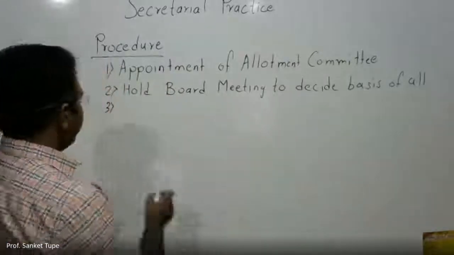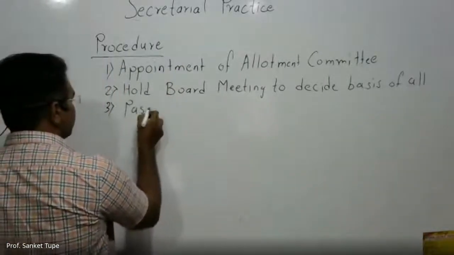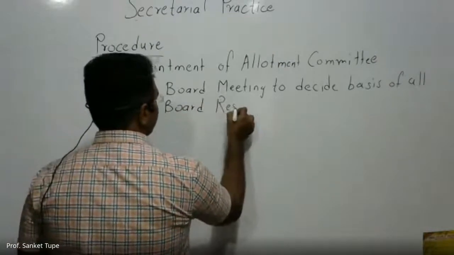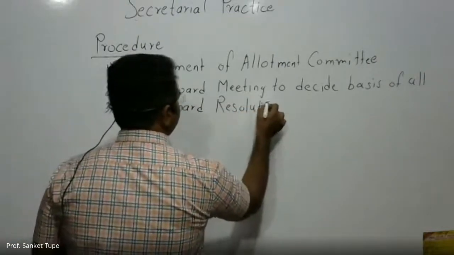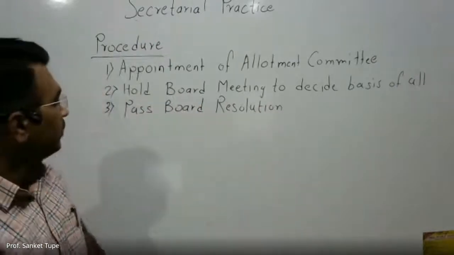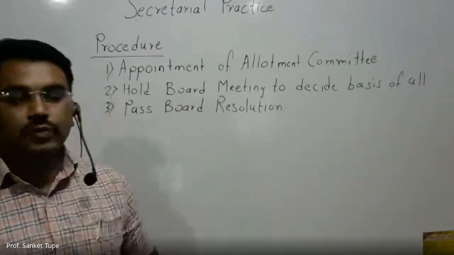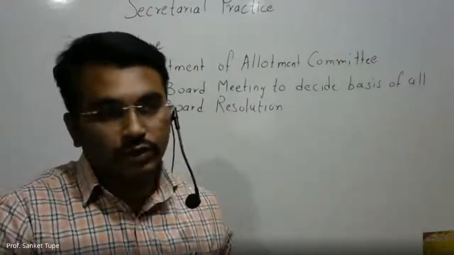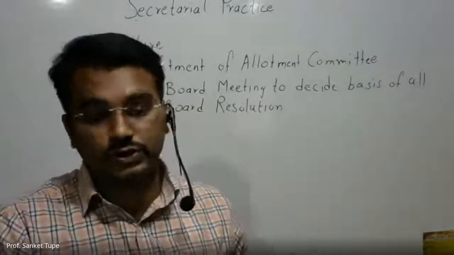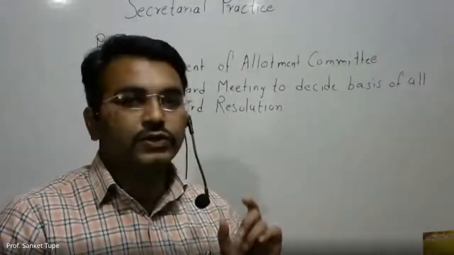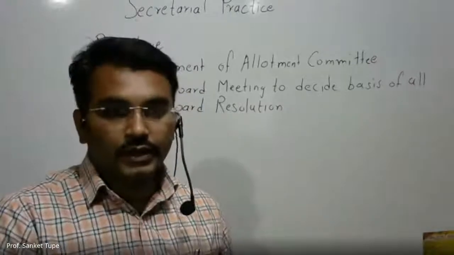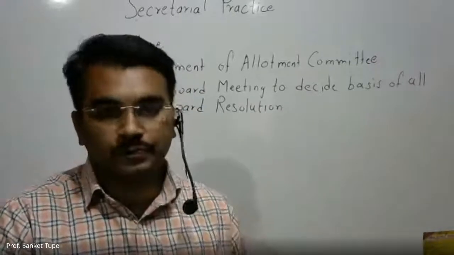Number 3, pass board resolution. Now, if the meeting is held by the board of directors with the representative of SEBI and the representative of the stock exchange, and a policy and a particular formula of allotment is decided, at that time there must be a resolution.